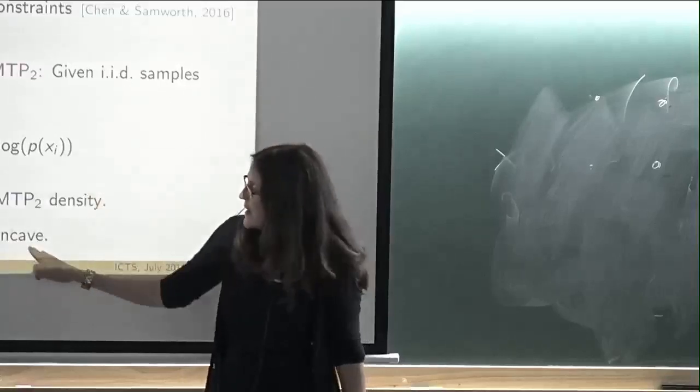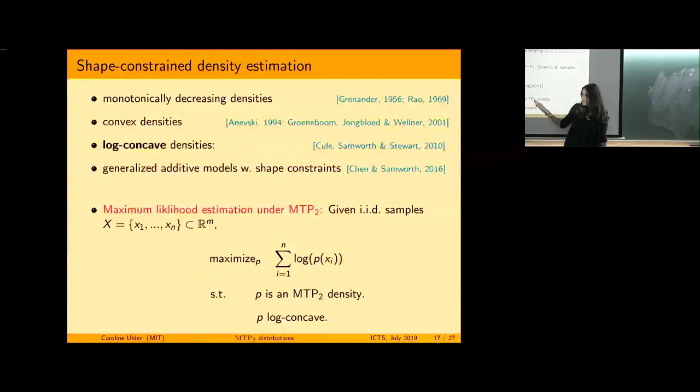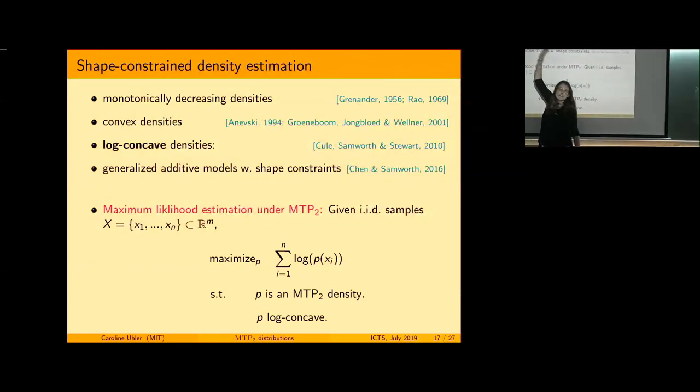Okay, so why log-concavity? Well, this MTP2, as we saw, when I take the logarithm, it's supermodular. So after taking the logarithm, it's concave. So they seem to work nicely together from a geometric perspective, right? After taking logarithms, I want it to be supermodular and concave. But nothing tells me that I couldn't have looked at anything else. This is just the first place where we started.